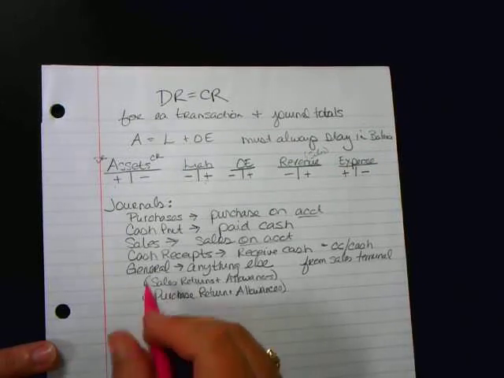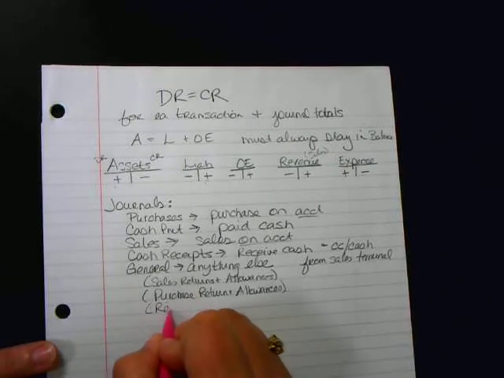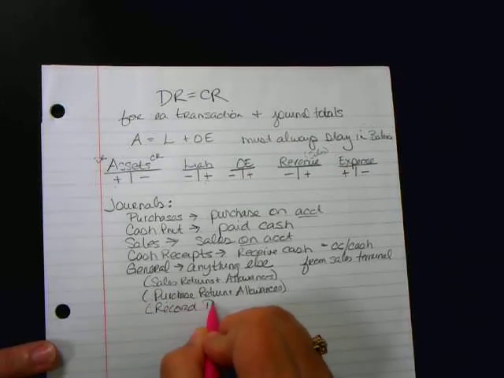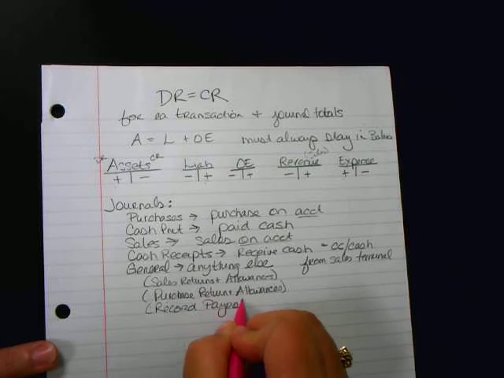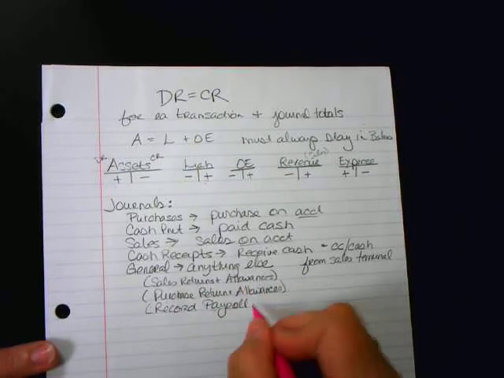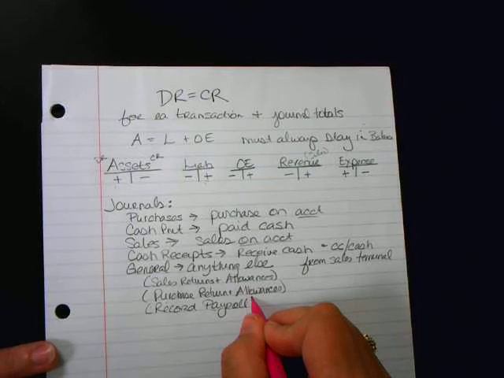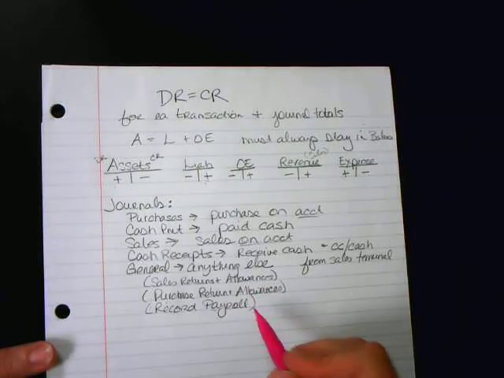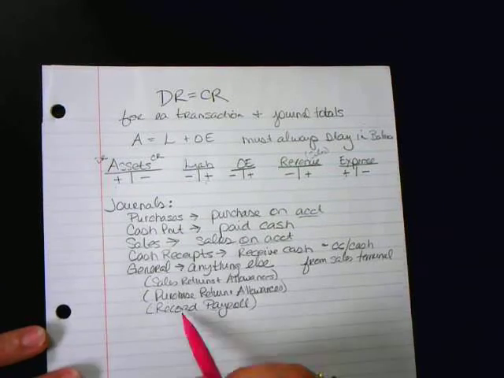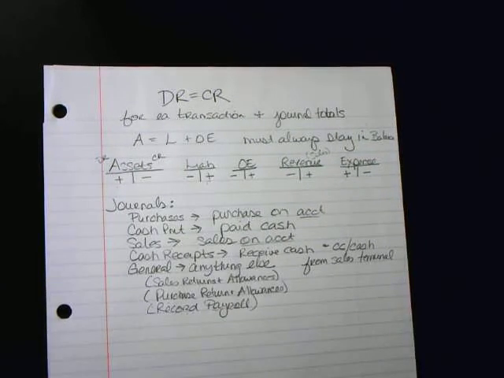Okay? And then when we record payroll, we haven't paid it yet, we haven't written the check, but we're recording the payroll. Okay? Not paying it. Because if we pay it, then that's cash payment, right? But this is just recording it.